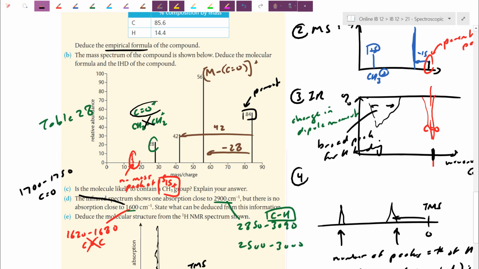By them telling you that there's actually no absorption at 1600, they're even telling you that there's no C=O as well, which is between your index of hydrogen deficiency. I could have had a multiple bond, I could have had a ring. Well, the multiple bond that I had, well, I don't have an O. That's one problem as well. But because I don't have a peak on the IR spectra, that sort of gives me evidence again that it's a ring. Okay?